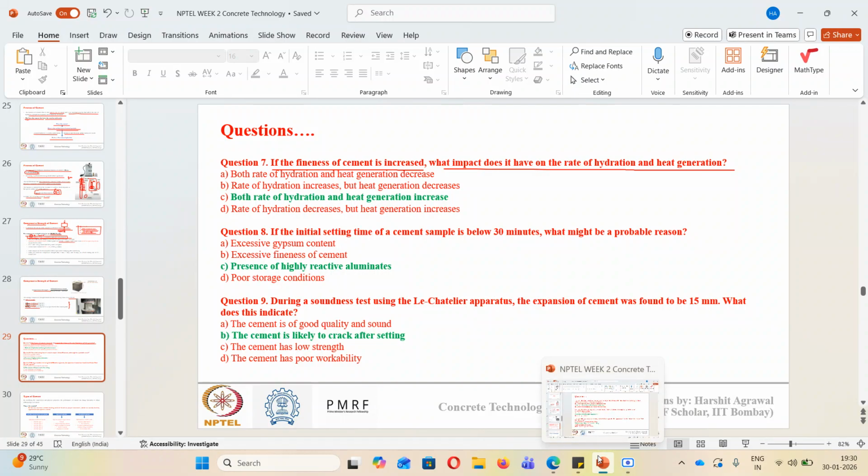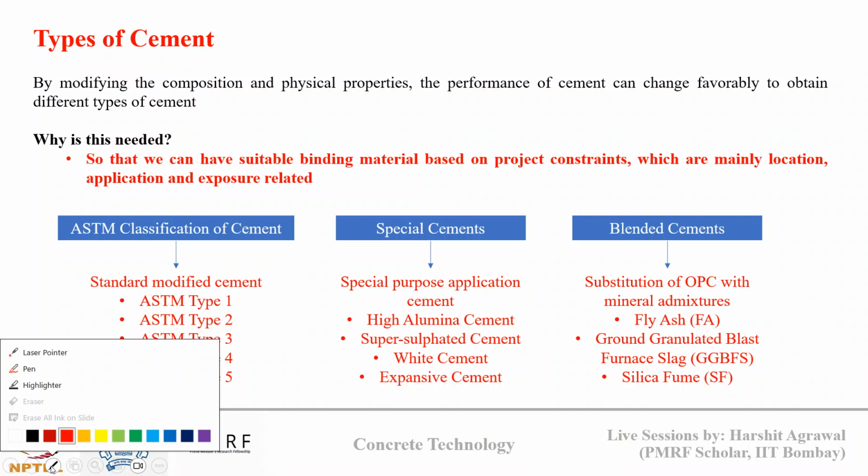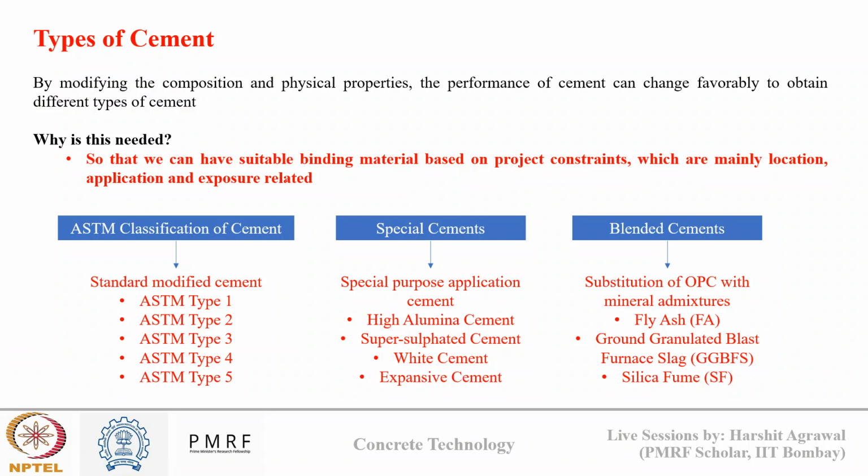So this was all about properties of cement. Now we'll move into the next discussion, about types of cement. When we discuss types of cement, we know that till now we have talked about chemical composition and physical characteristics of cement.